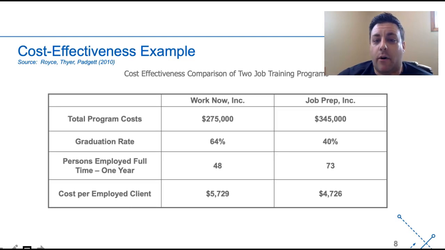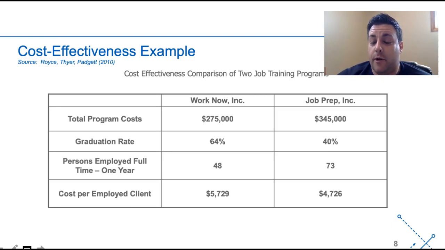So let's take a look at Work Now real quick. Work Now's total program cost was $275,000. Their graduation rate was 64%, and that translates into 48 people who were employed full-time after 1 year. Job Prep, on the other hand, cost $345,000.